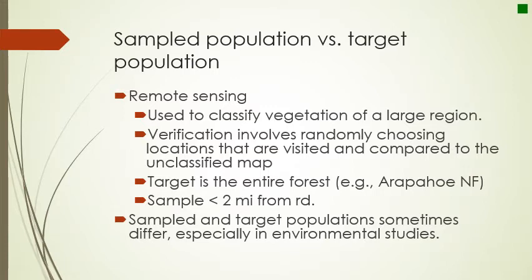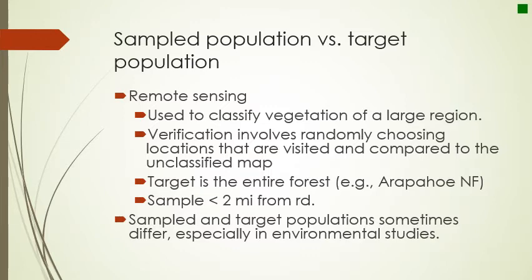Now, our target population, or our population, or sometimes called data frame, might be, say, the entire forest in Arapahoe National Forest. But when your boss looks at the amount of money that he's been given to go out and collect these vegetation data, he or she might decide, you know, we've only got $20,000 to go out there and collect 100 samples. If I send people all over the place out in the wilderness, it's going to take weeks or months to do that, and we simply don't have enough funds.